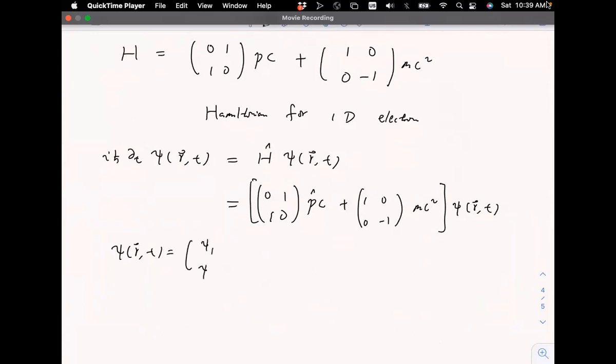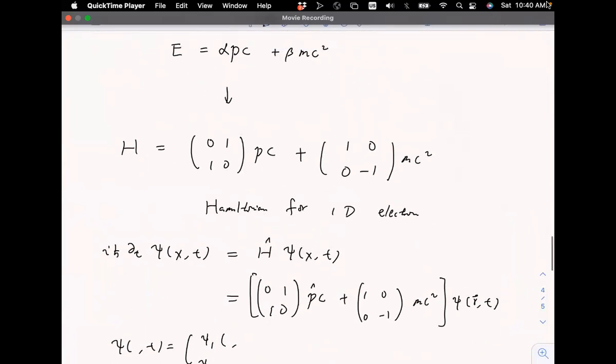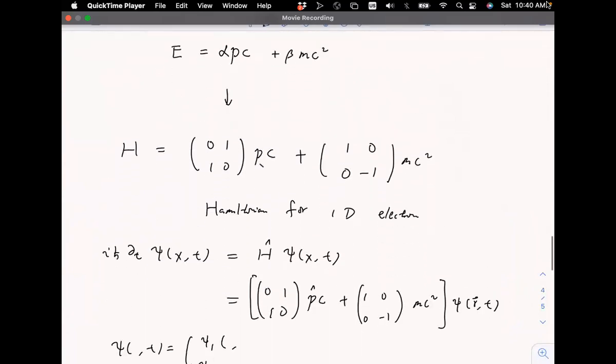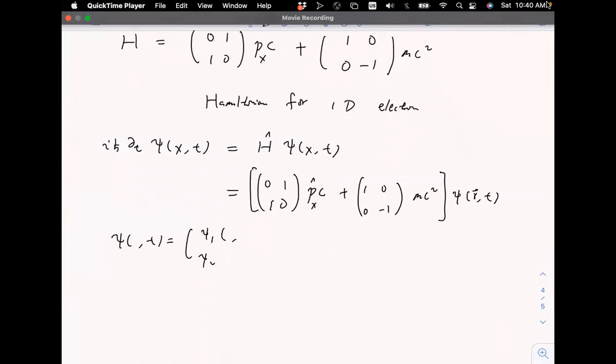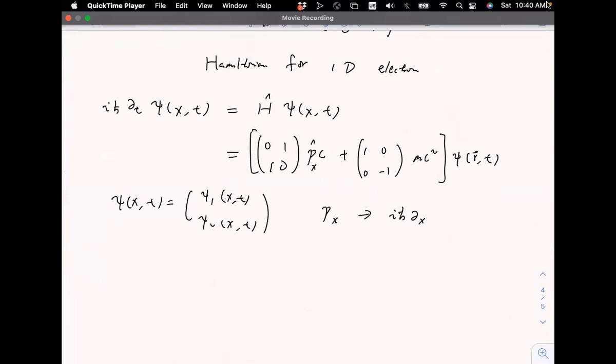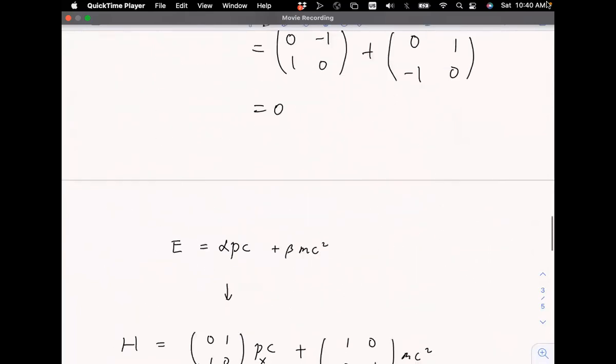Let's say 1, 2. Here we only deal with 1D. So this is just x, and this P will be just PX. Okay, just a PX. So this will be x, t. Then PX will become d/dx. I think I missed a negative sign here.